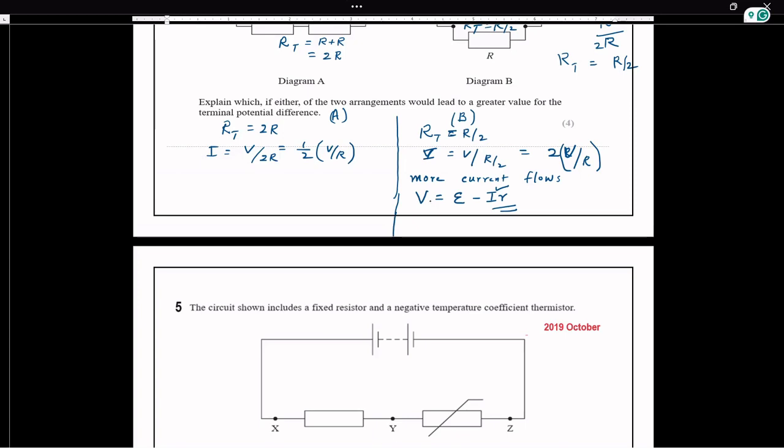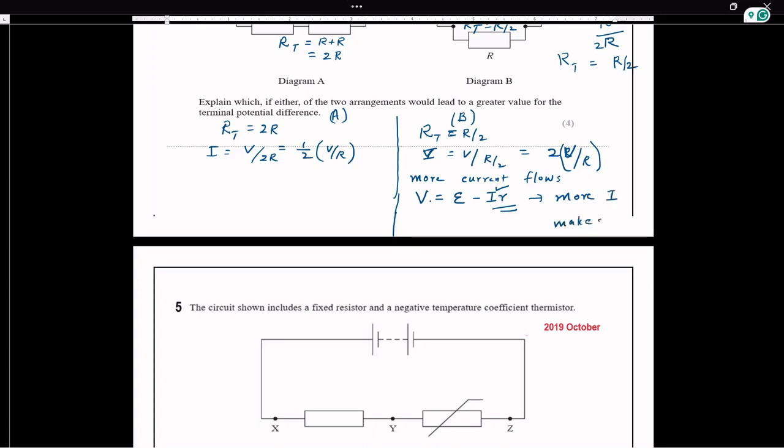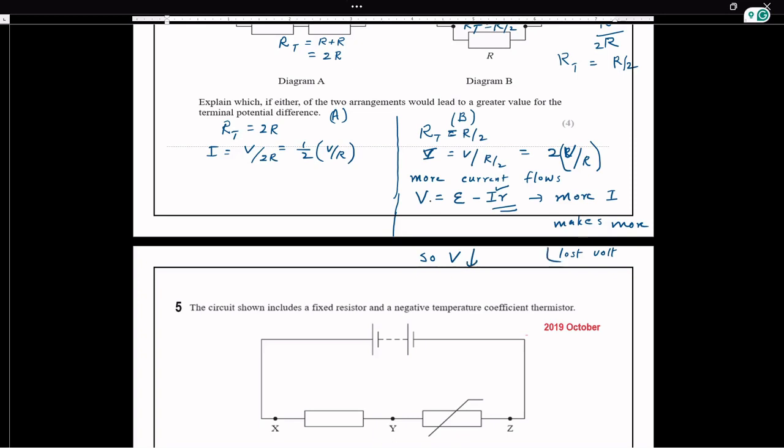So I'm writing that here. More I makes more lost volt. Lost volt means I times R. So V decreases.